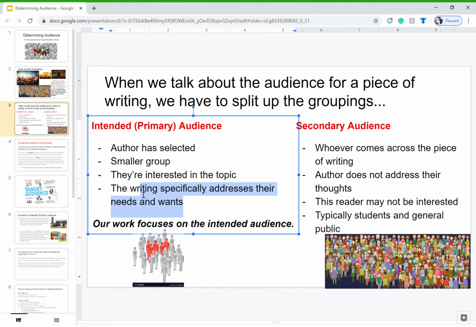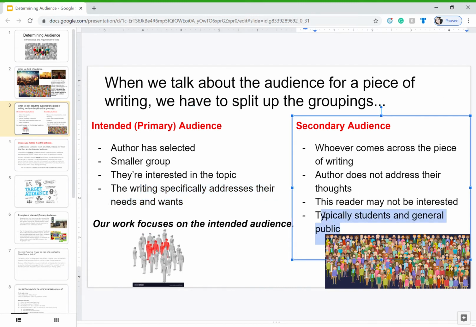You are not going to be interested or may not be interested in it as a reader. Instead, you're probably someone in a general audience, someone that is a student, or maybe even someone like me that's a teacher that's told to read whatever by the district or whatever by a student that comes at me with some suggestions.